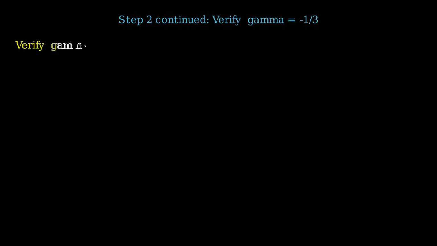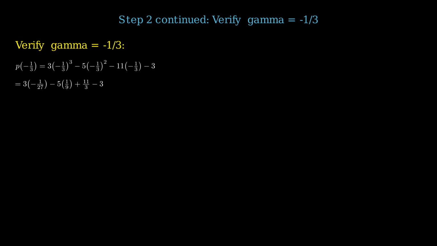To verify gamma equals -1/3, after careful substitution and simplification, working through the fractions step by step, p of -1/3 also evaluates to 0. Gamma is confirmed as the third zero. All three values are genuine zeros of the polynomial.